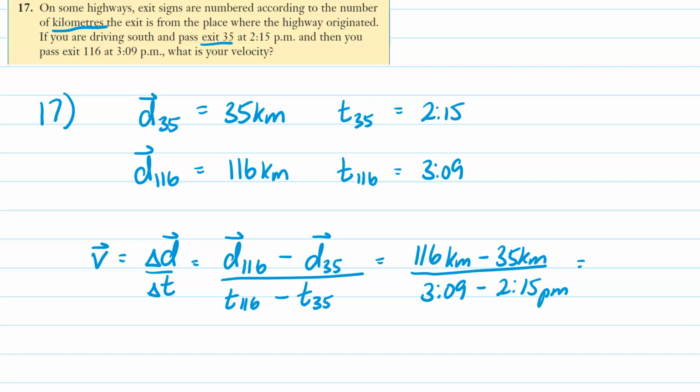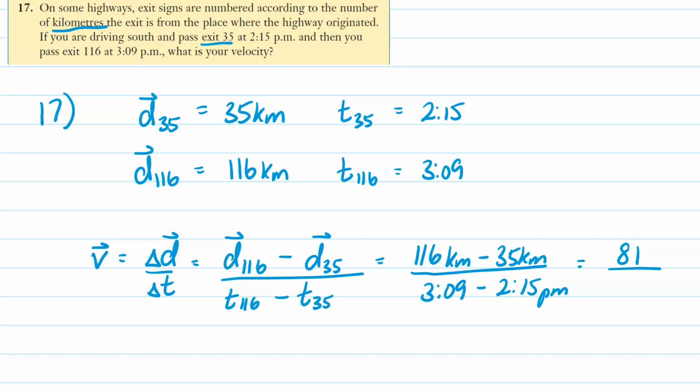Okay, so on the top line you have 116 minus 35, which is 81. And on the bottom line, you have 3:09 p.m. minus 2:15 p.m. So if you think about it, from 2:15 to 3 o'clock is 45 minutes, but you're going all the way to 3:09, so an additional 9 minutes, right?